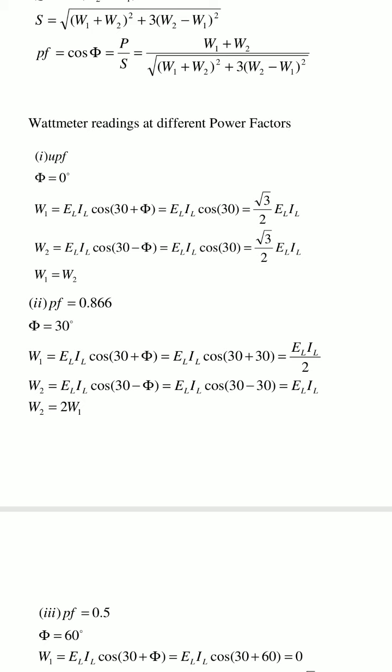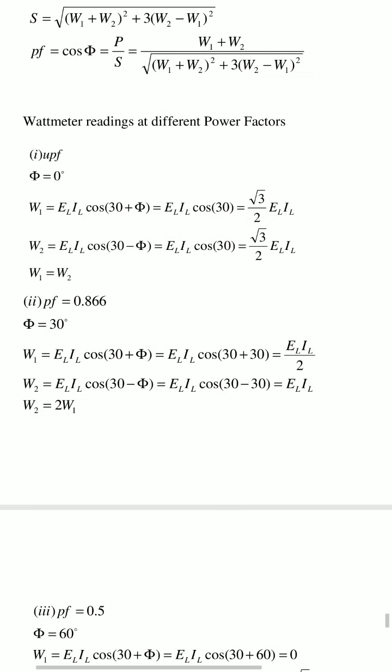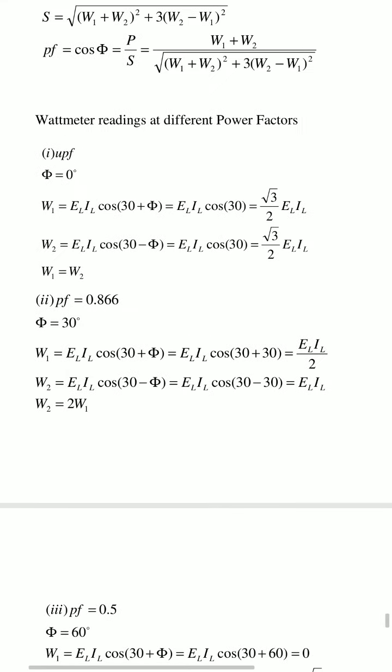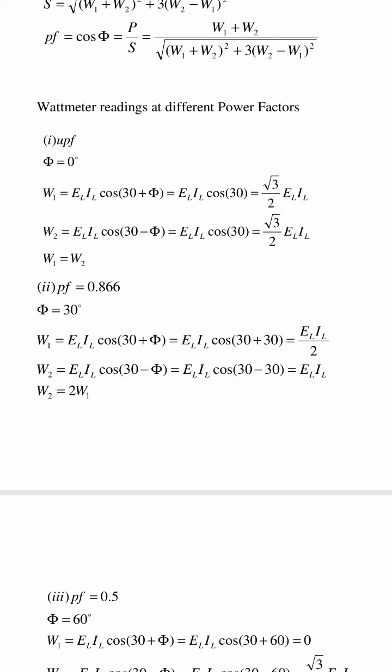Here W1 is equal to W2 when phi is equal to 0. That means the phase angle is 0, unity power factor, and the two wattmeters show the same readings.